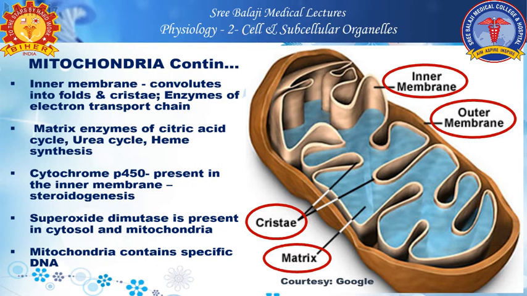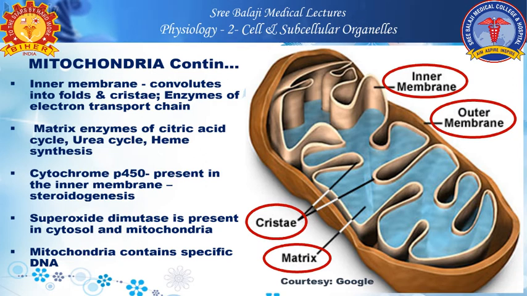And what are the functions of this? How is the function of the mitochondria enabled? All the enzymes of the electron transport chain, citric acid cycle, urea cycle, heme synthesis are present in the mitochondria. Cytochrome P450 is present in the inner mitochondrial membrane. Antioxidant enzymes are present in the matrix of mitochondria, called superoxide dismutase.